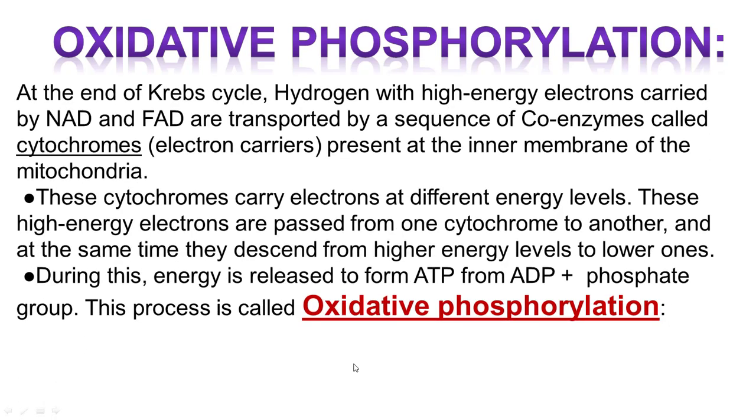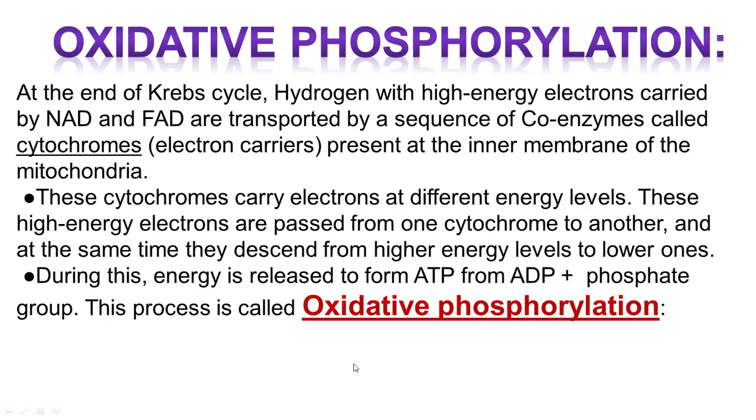Oxidative phosphorylation. At the end of the Krebs cycle, hydrogen with high energy electrons carried by NAD and FAD are transported by a sequence of coenzymes called cytochromes, which are present inside the inner membrane of the mitochondria, or the cristae. These cytochromes carry electrons at different energy levels.